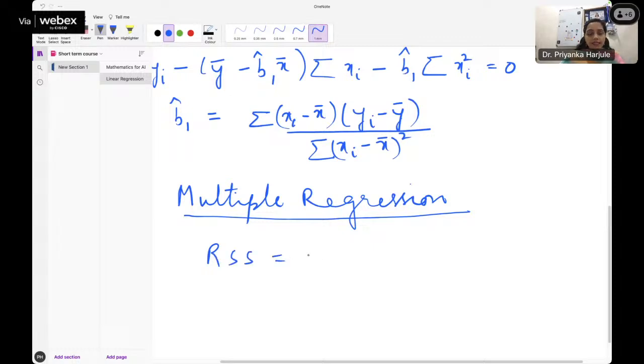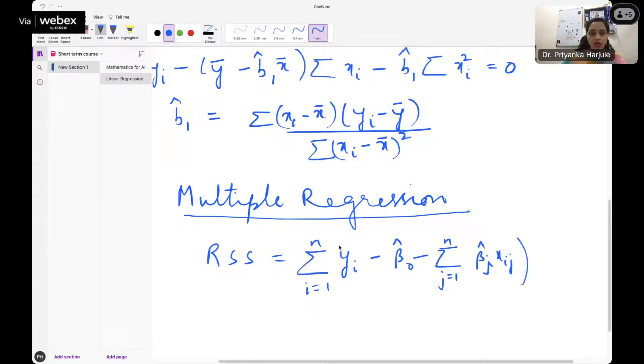RSS in this case is defined similar to what we defined for simple linear regression. So we have n points: summation of (yi minus beta naught cap minus summation j equals 1 to p beta cap j xij) the whole square.